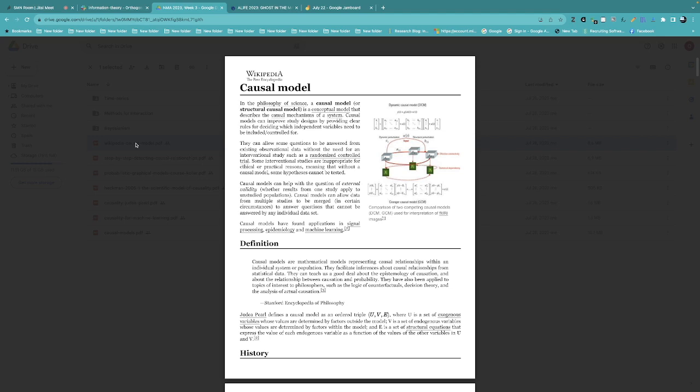A causal model, or a structural causal model, is a conceptual model that describes the causal mechanisms of a system. Causal models can improve study designs by providing clear rules for deciding which independent variables need to be included or controlled for. So this is where you have your independent variables and your dependent variables.